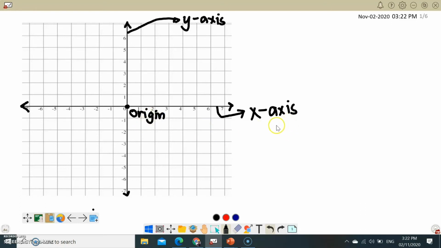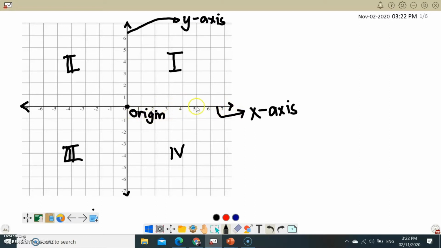The axes divide the coordinate plane into 4 quadrants labeled counterclockwise. So we have here the first quadrant, the second quadrant, the third quadrant, and the fourth quadrant. So what is the sign of the values of x on the first quadrant?